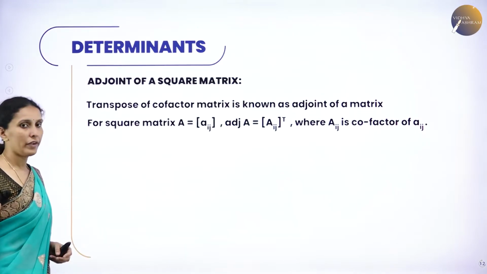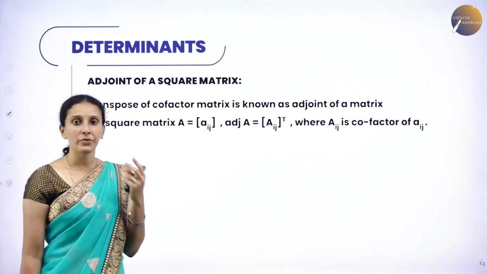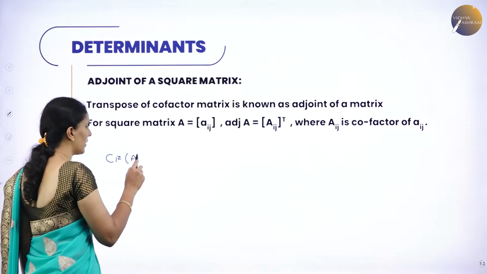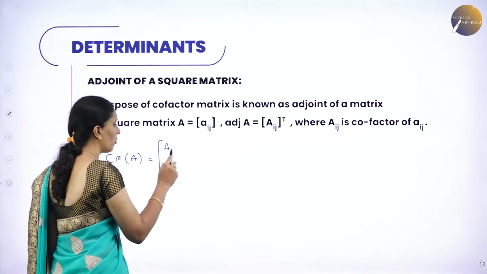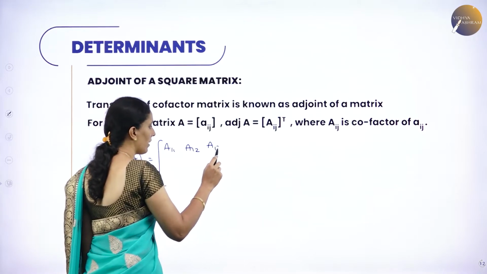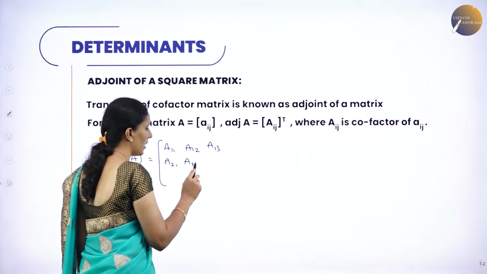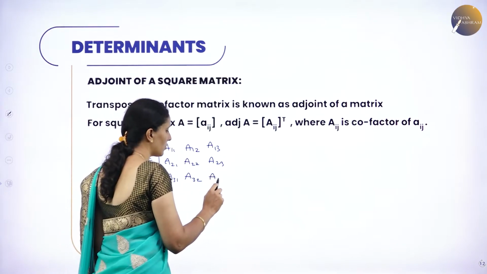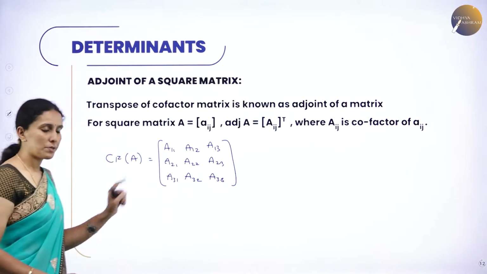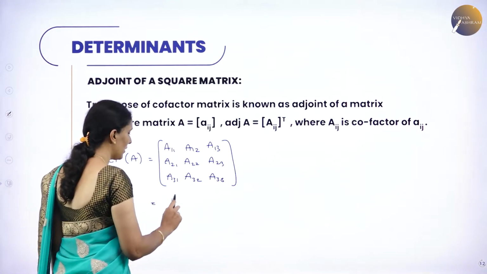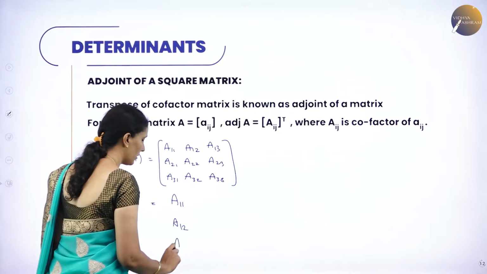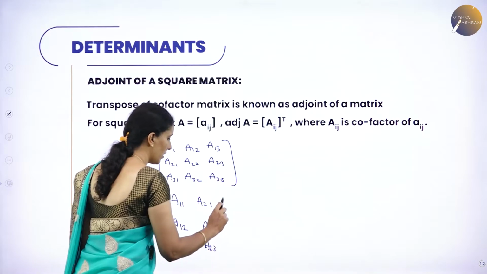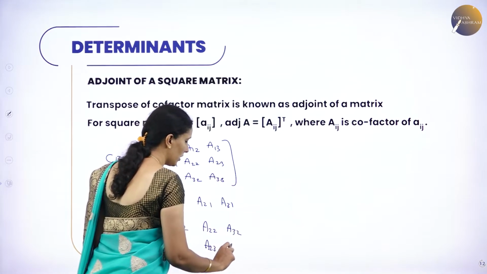Next is the adjoint of a square matrix. The adjoint of a square matrix is very simple. We know that the cofactor matrix is nothing but all the cofactors A11, A12, A13, and here A21, A22, A23, A31, A32, A33. When you take the transpose, it is A11, A21, A31 here, A12, A22, A32 here, A13, A23, A33 here.